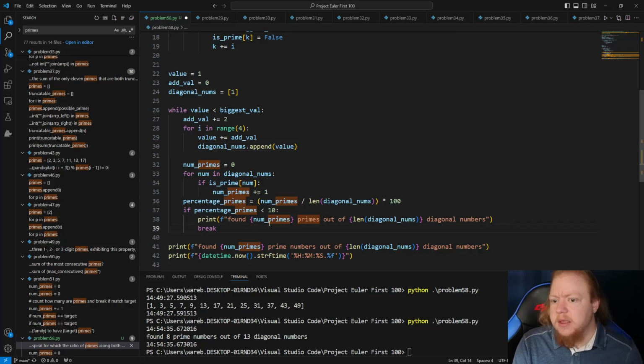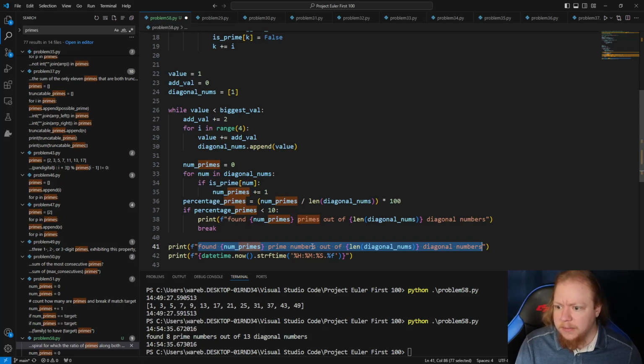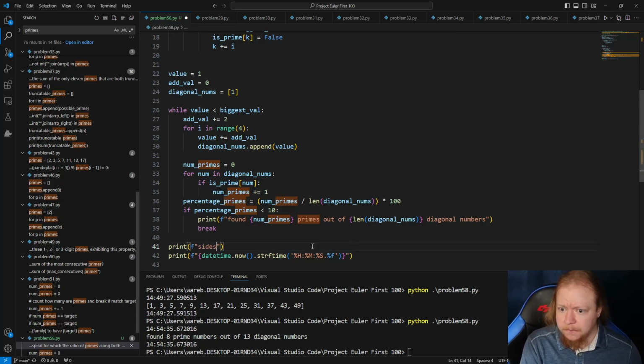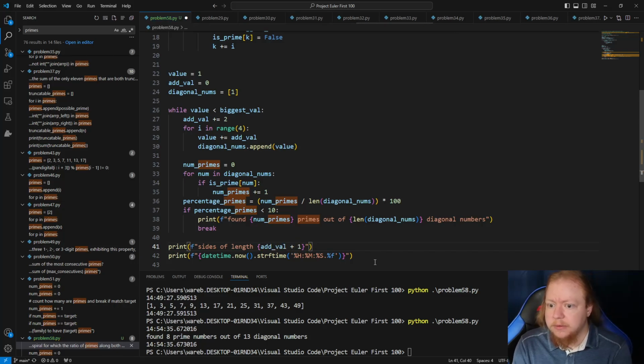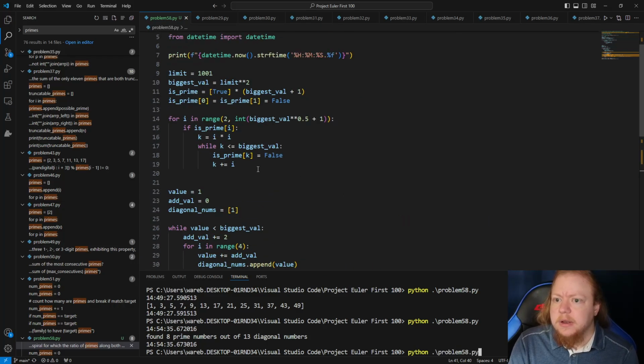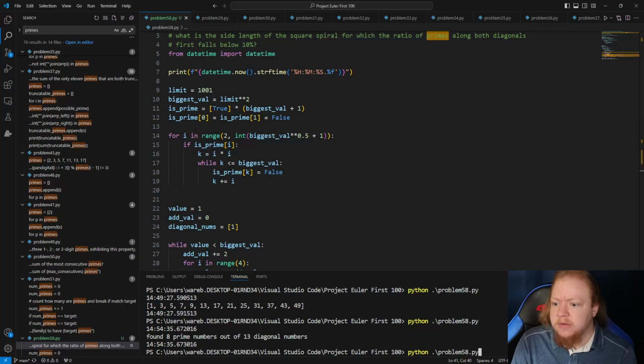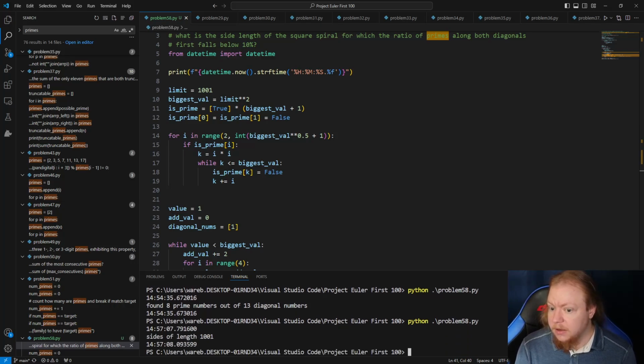So that here I can just say sides of length add val plus 1. I already increased the limit. Let's see what we say. Okay, so we hit the limit without hitting our condition.